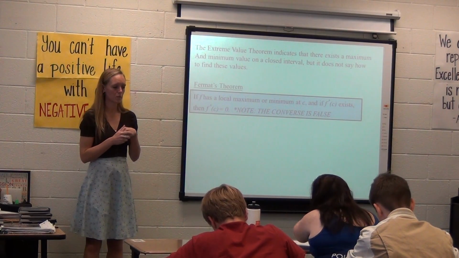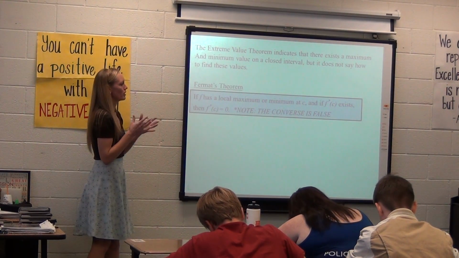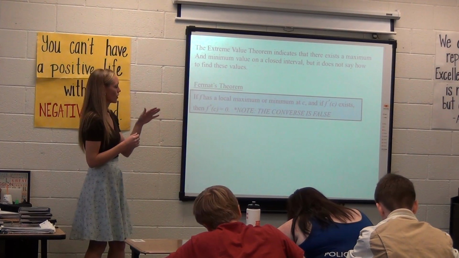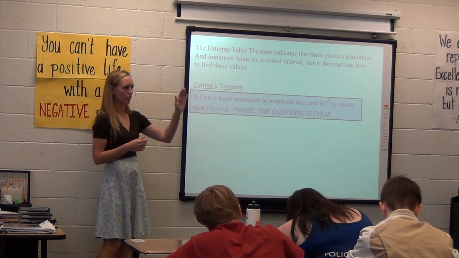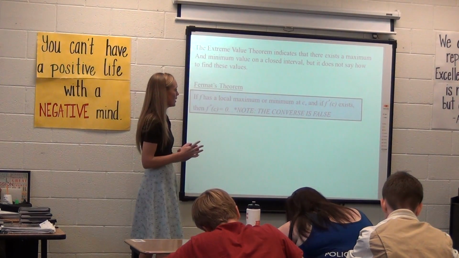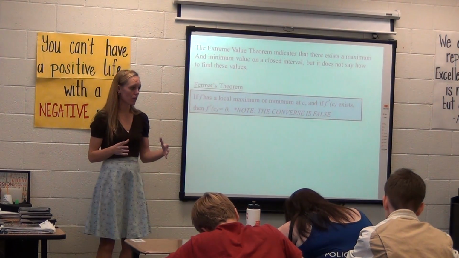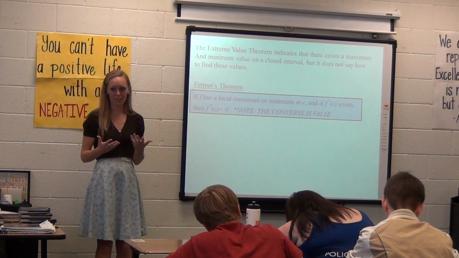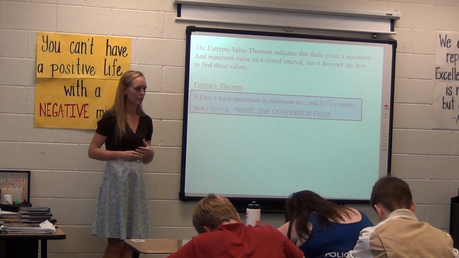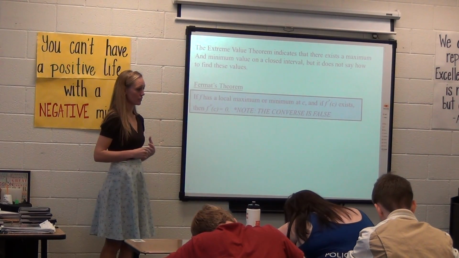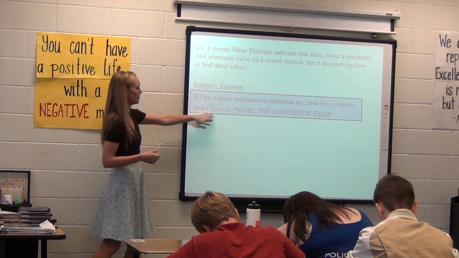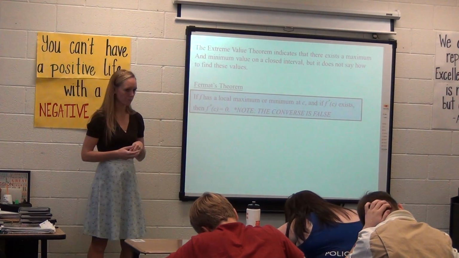The local maximums and the local minimums typically happen when the graph is going up and then it flattens out and starts going down, or it's going down and flattens out and starts going back up. And so what do we know about the derivative at those points? It's a tangent line. What's zero? The slope. The slope of those tangent lines is zero, so the derivative is equal to zero.